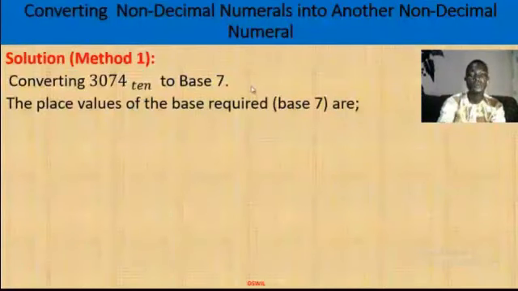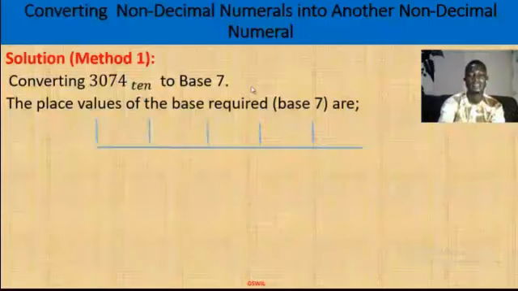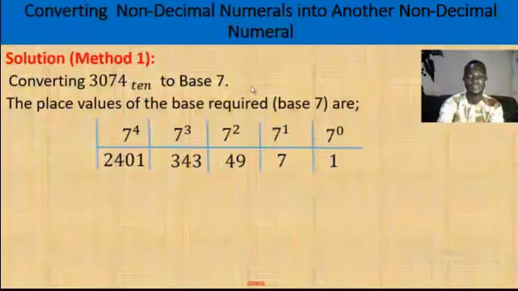We are to write the base values of the base required, which is base 7, and that is what you see on the screen. And all these base values have been converted into their real values.